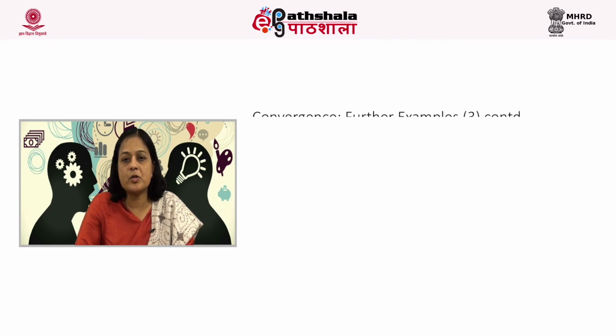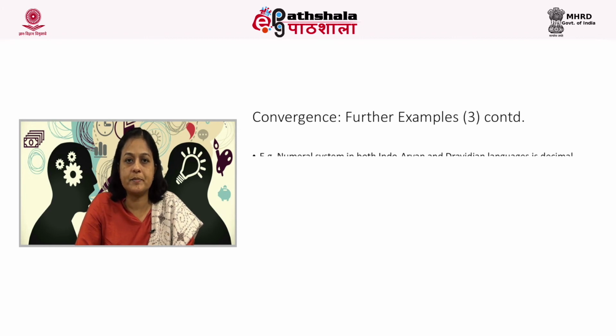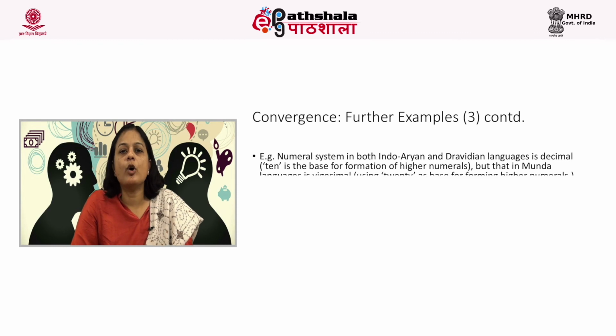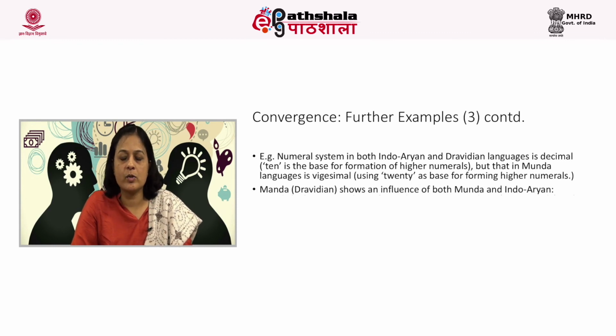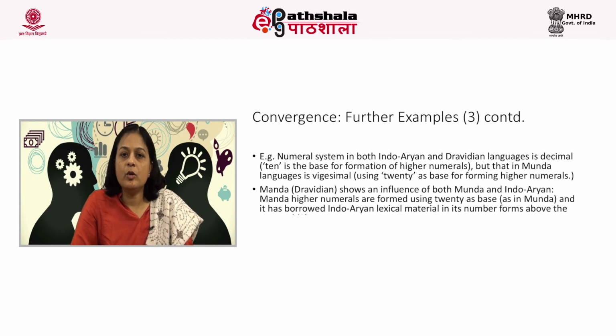Symbiosis among the structures of languages of the three groups is evidenced in the following example. We take the example of the numeral system in these languages. While the numeral system in both Indo-Aryan and Dravidian languages is decimal, 10 is the base for formation of higher numerals. That in Munda languages is vigesimal, using 20 as base for forming higher numerals.